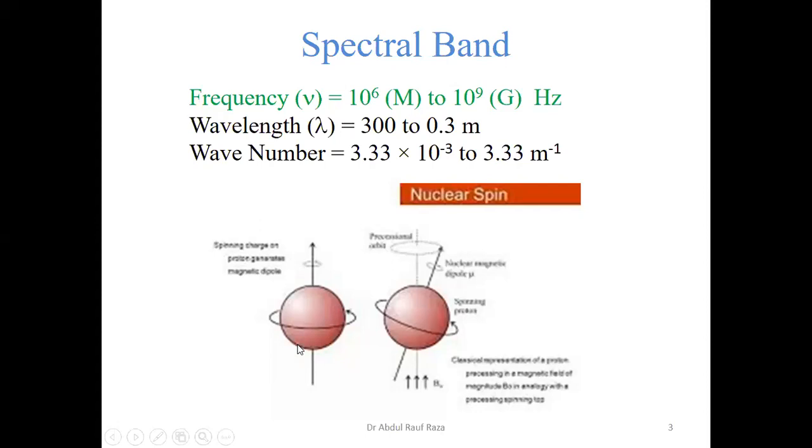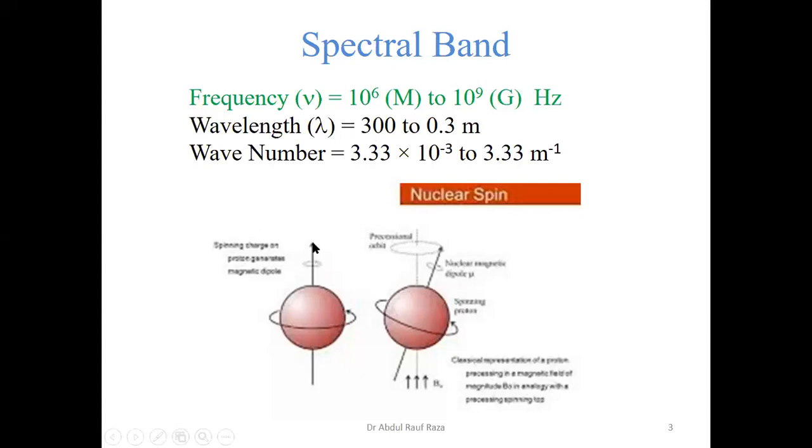4 fingers are showing that they are spinning clockwise. Sorry, this is not clockwise. Suppose this is anti-clockwise. Look here. If you are looking from this side, this movement is anti-clockwise. So if you place your fingers anti-clockwise, you see your thumb is upward.